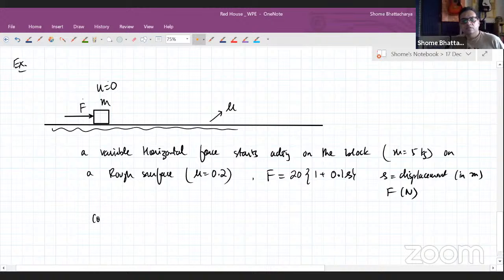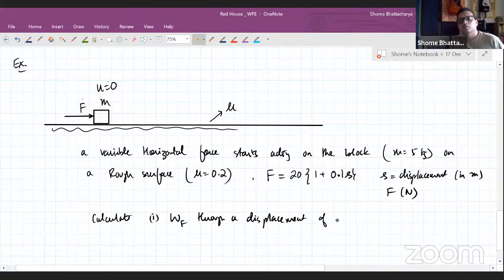So we have to calculate the work done by the force F through a displacement of 2 meters.